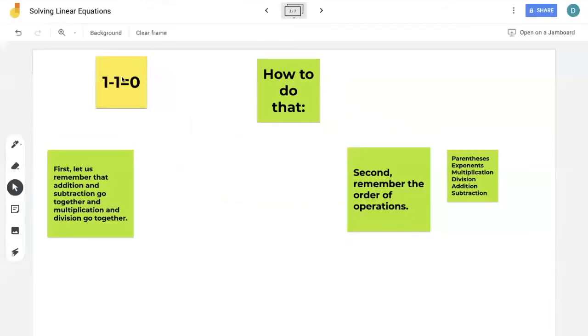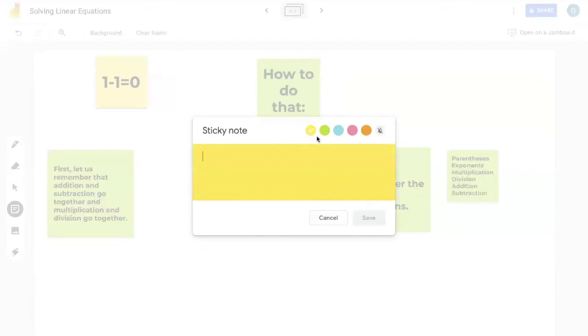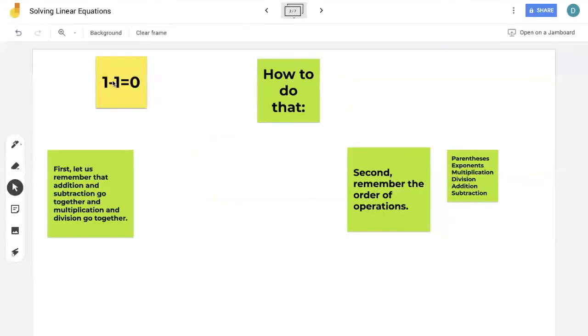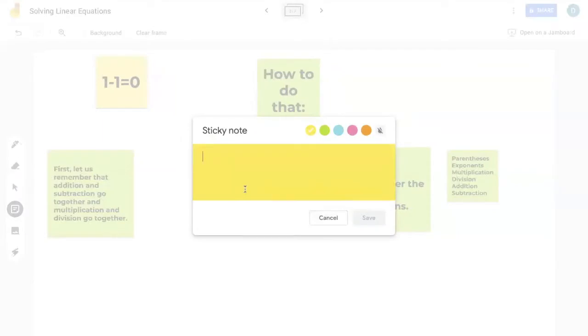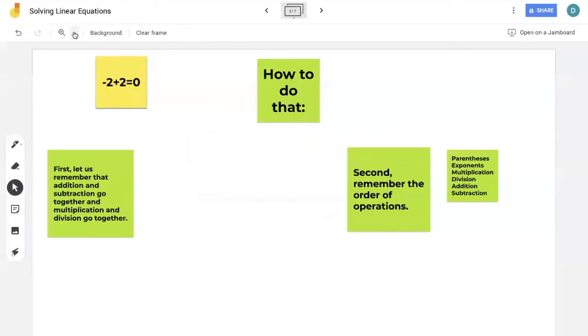That also makes sense, right? What we're trying to do is use this concept of subtracting things like this. We have a positive 1 and a negative 1, and those will cancel out to be 0. We can apply the same thing with negative numbers. We could say negative 2 plus 2 equals 0, just like that. So that's the principle we'll be using. These things cancel each other out, which will be important for solving these equations.